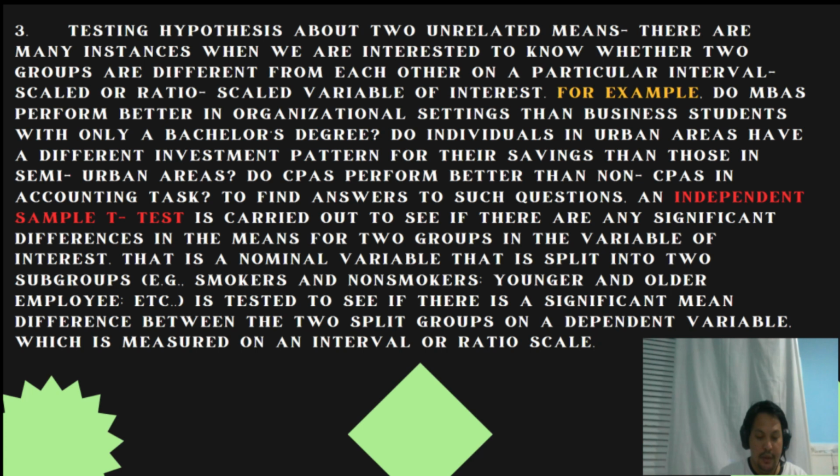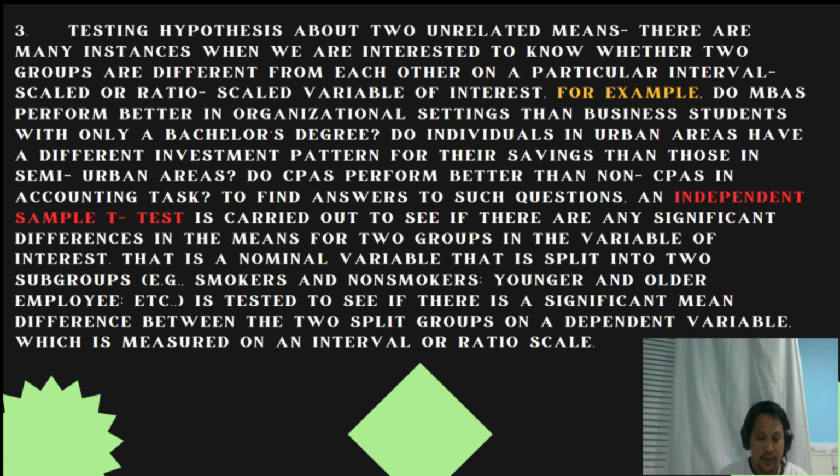Do CPAs perform better than non-CPAs in accounting tests? To find answers to such questions, an independent sample t-test is carried out to see if there are any significant differences in the means of two groups in the variable of interest.